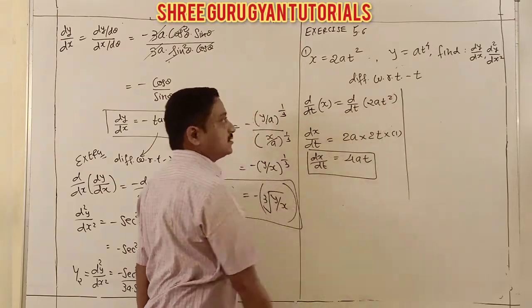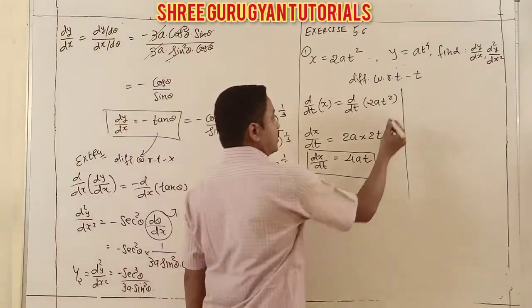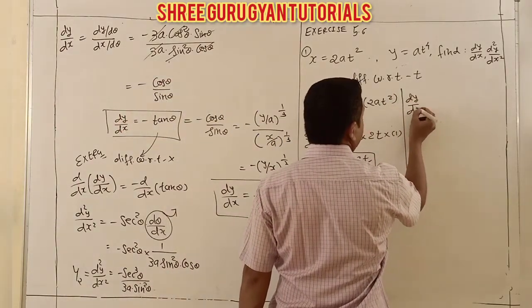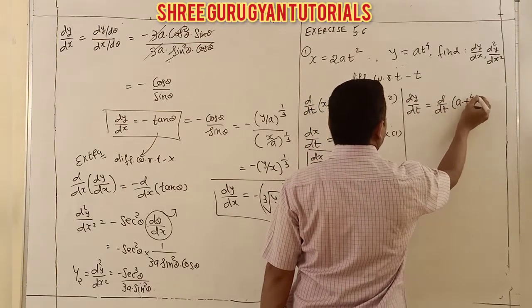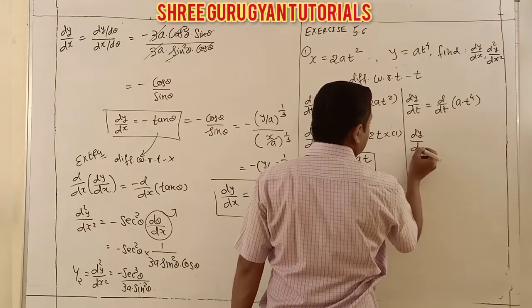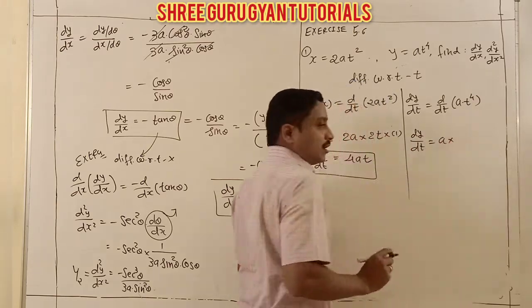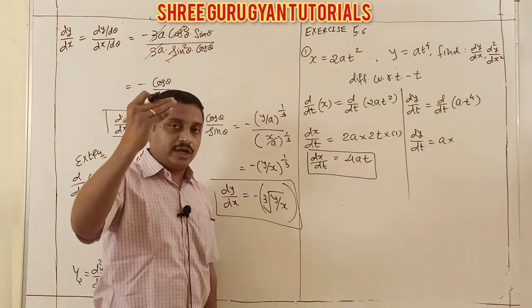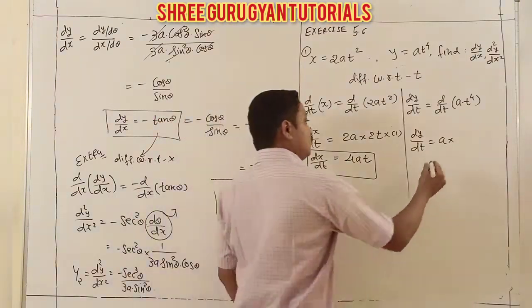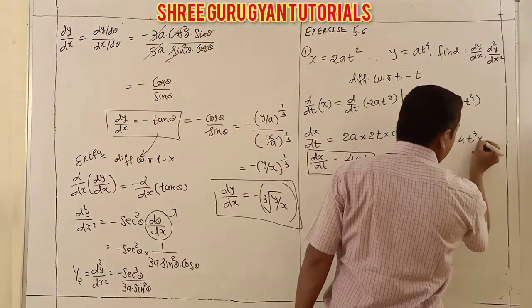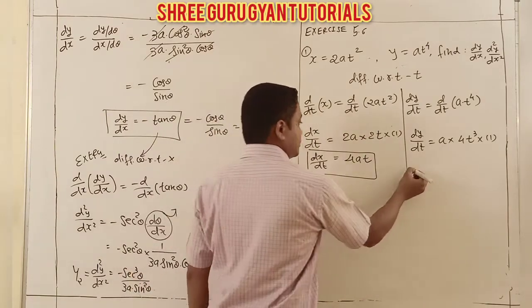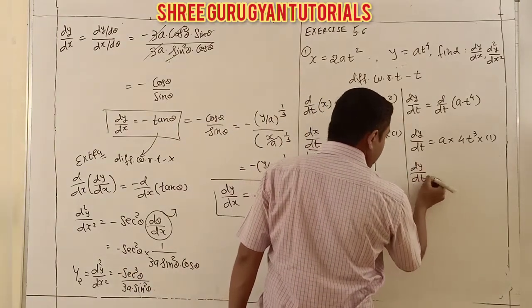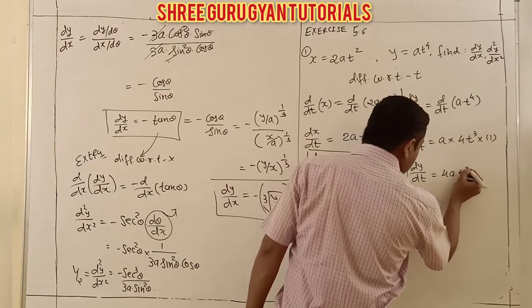Same explanation for y side. So what is the dy by dt? d by dt of at raised to 4. So my answer is a, same. Now think about t raised to 4 derivative with respect to t. So 4t raised to 3 into 1. Yes. So dy by dt is 4at raised to 3.